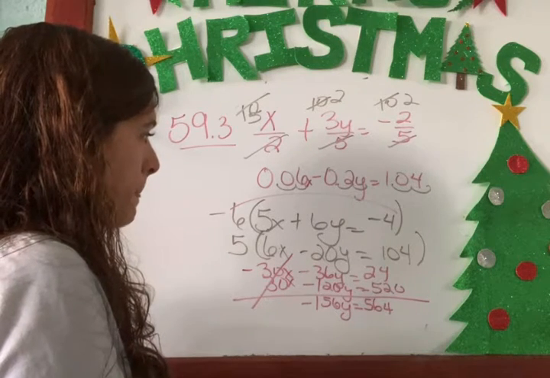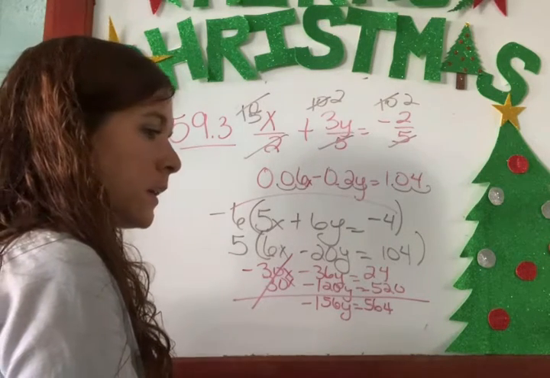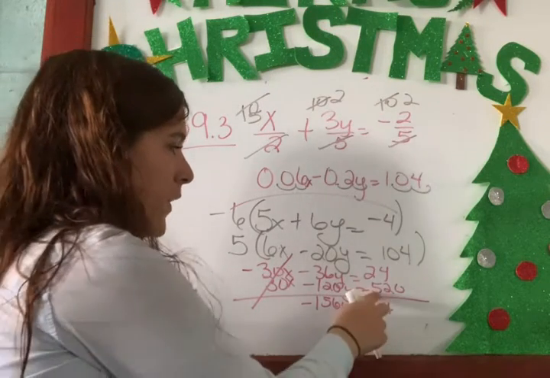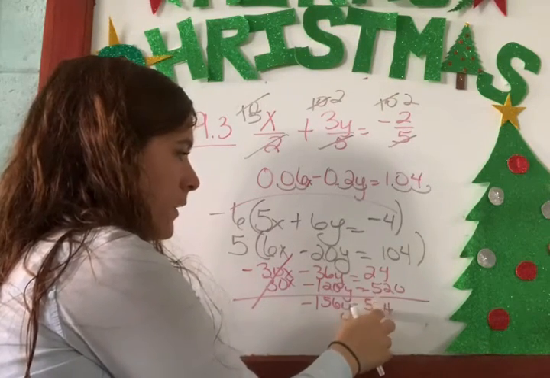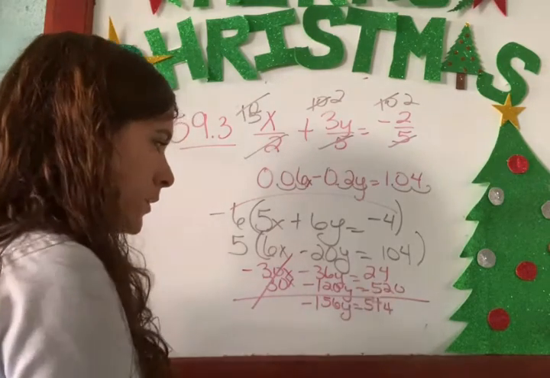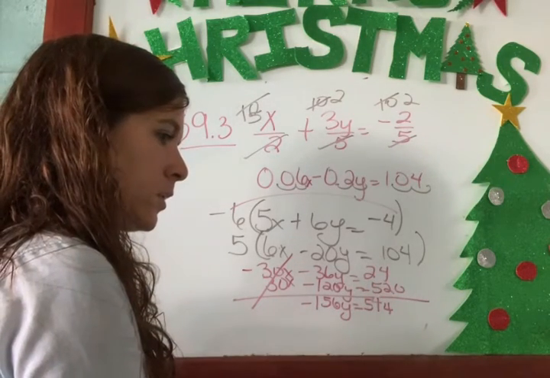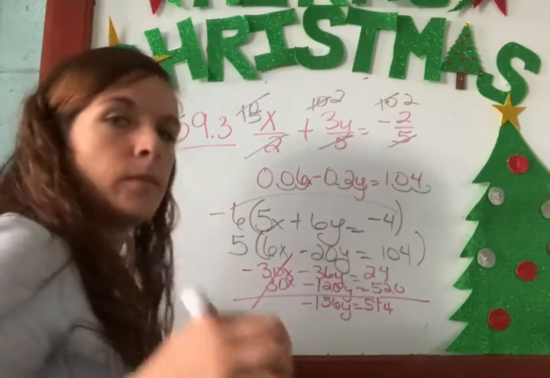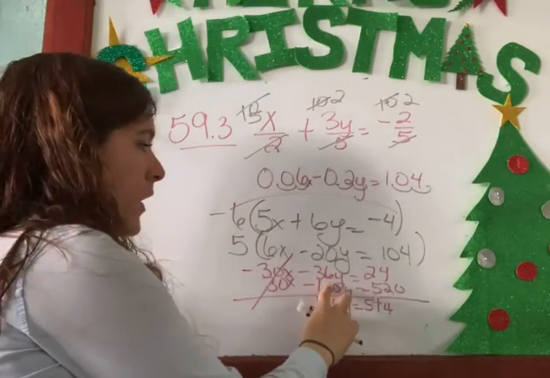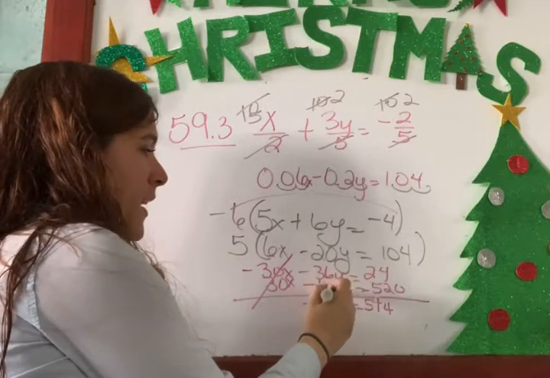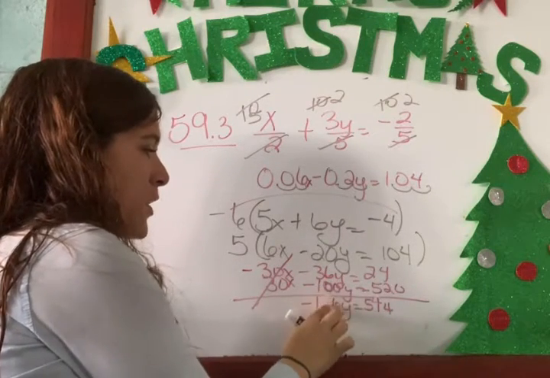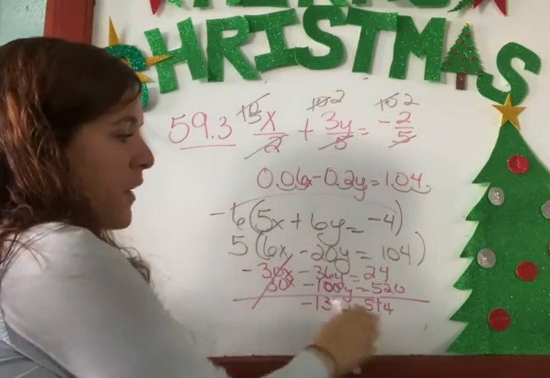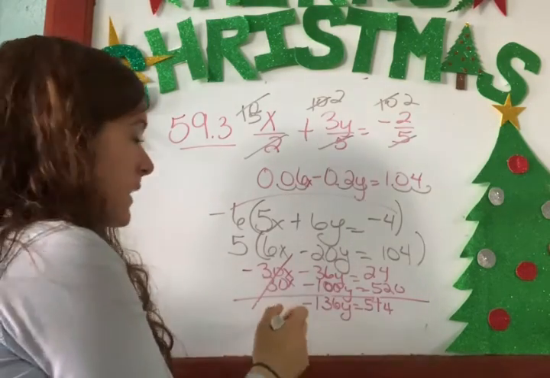Let's see. Oop, it's 544. Great. Okay, let's just go find our error. 5 times 20 is 100. That's going to be 136. Now we have it right. Negative 136y equals 544, so y equals -4.